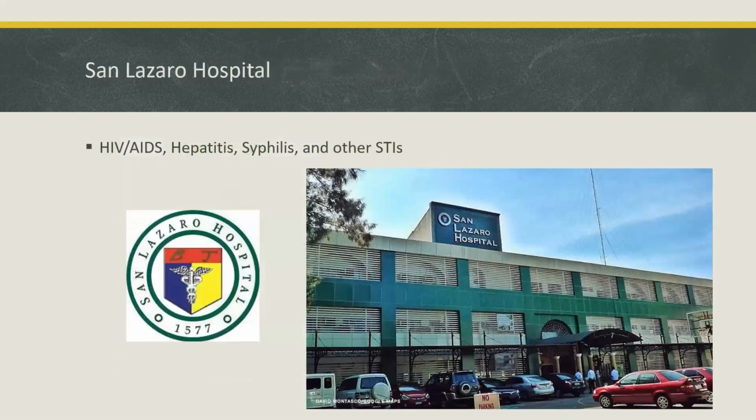Next is San Lazaro Hospital. San Lazaro Hospital is for HIV, AIDS, syphilis, and other STIs, infectious diseases. I have been to RITM, and I have also been to San Lazaro.